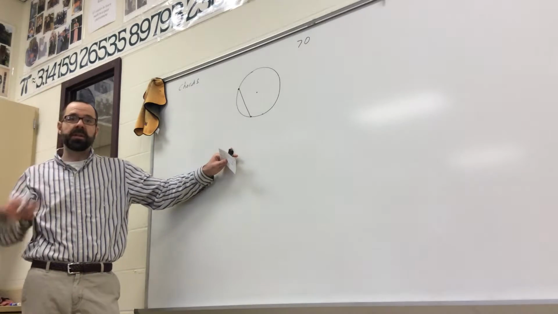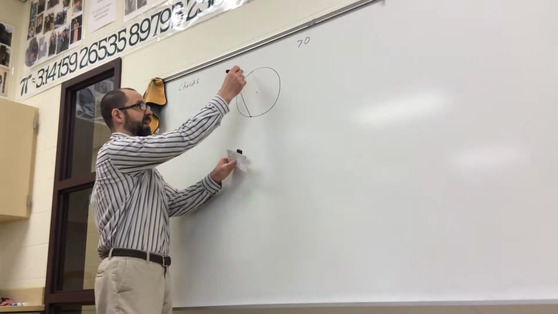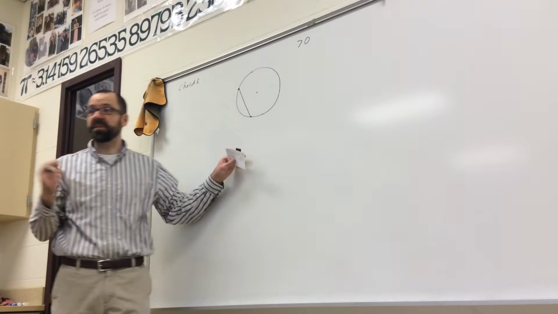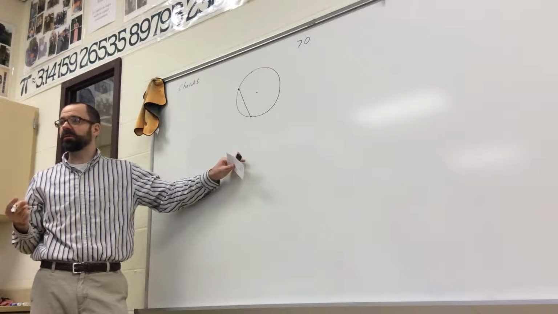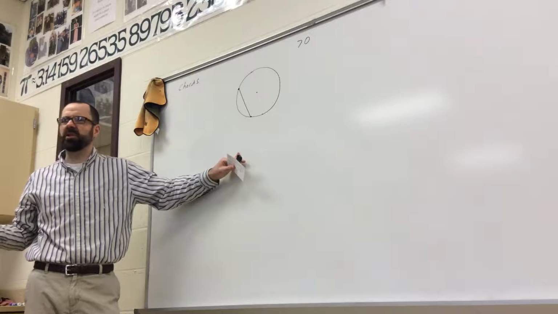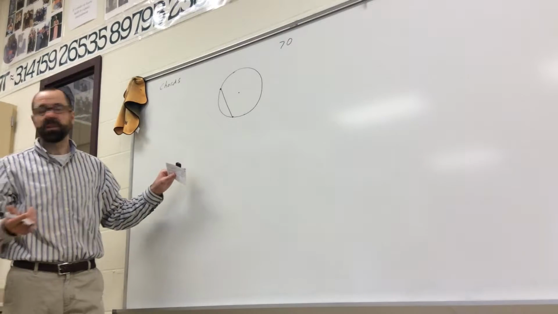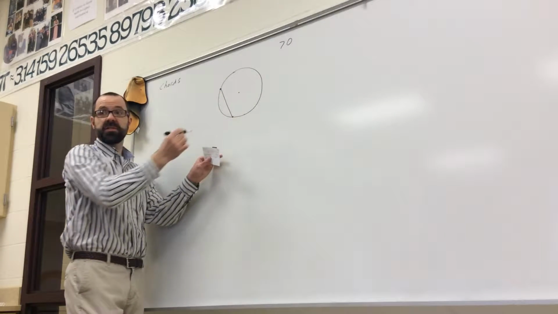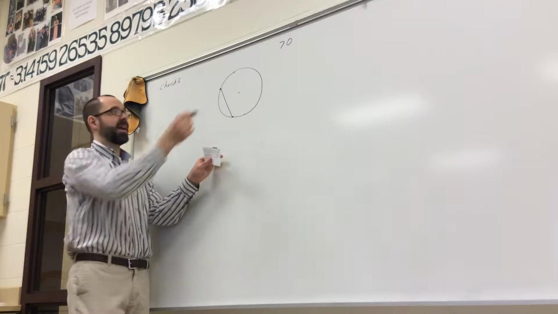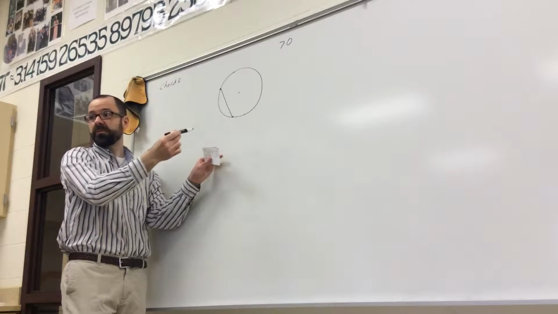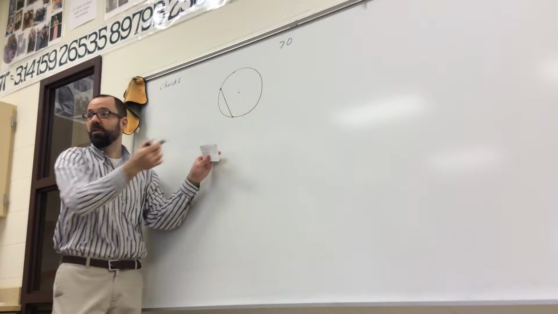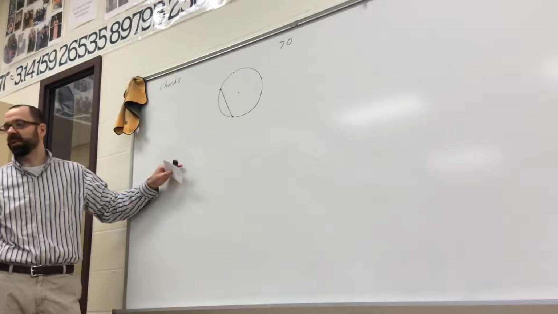All right, so the confusing part is that line is both a diameter and a chord. So there's just two vocabulary words that go with that line. It's a chord because it connects 2 points on the edge of the circle, but it's a diameter because it happens to go through the center of the circle. But then this is just a regular old chord that can't be called a diameter.